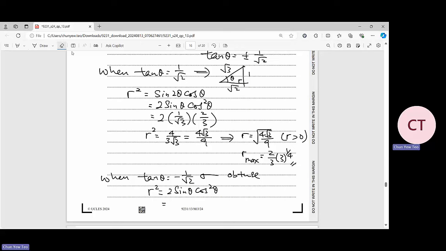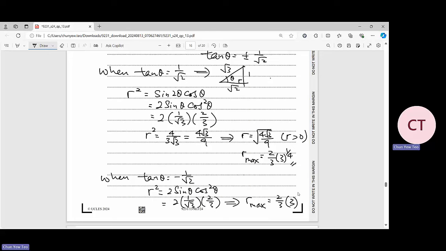So your theta is obtuse in the second quadrant. Your sine will be positive. Still using the same triangle, but the positive negative sign has to change. So you can see that this answer will remain the same as just now. Rmax is still the same answer.